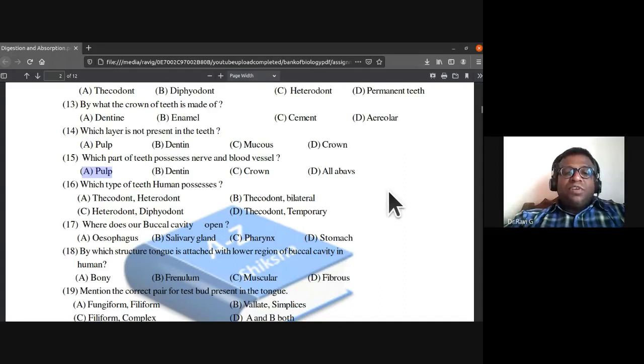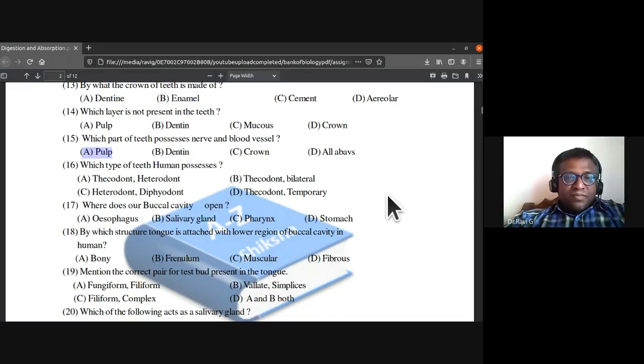So which type of teeth do humans possess? Thecodont, heterodont, thecodont bilateral, heterodont diphyodont, thecodont temporary. Here, if they had given all three, it would have been easy. But these two are not possible.